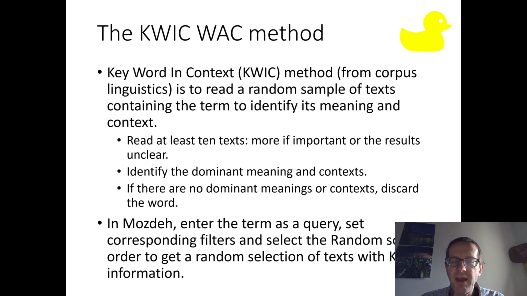So in Mozdeh, we'll let you do the KWIC WAC analysis. All you need to do is enter the term as a query in Mozdeh. Select the same filters that you've used for the mine association, such as the gender filter, and select the random sort order, and you get a random set of text to run the KWIC on.